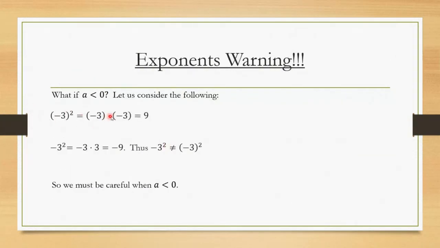So we have -3 times -3, which is 9. By the rule, signs alike, the answer is positive. Signs unlike, the answer is negative. Here, however, if we have -3 squared, this is actually -(3 times 3), which is -9.